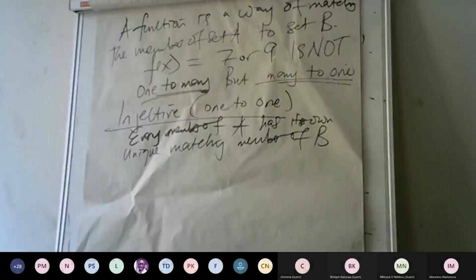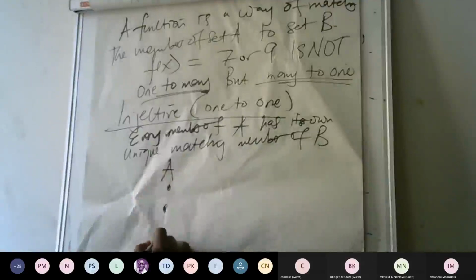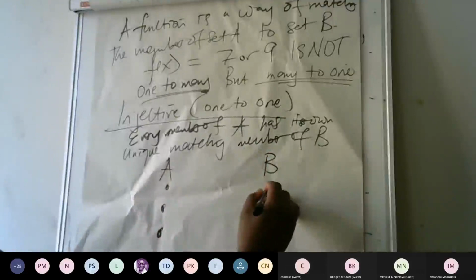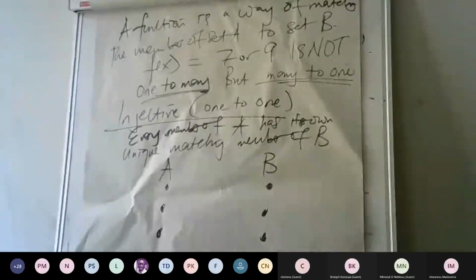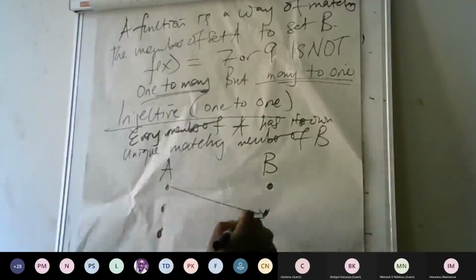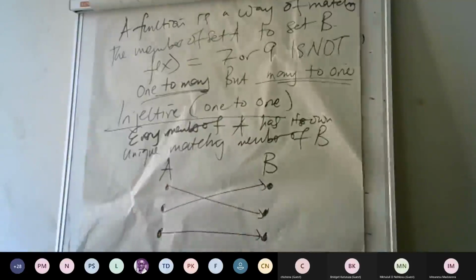What it means is that I can have members from A like that, and I can also have members from B like that. Since it is a one-to-one function, every member of A will have its own unique matching member of B. So I can have this one going there, that one going there, that one going there, and that one going there.